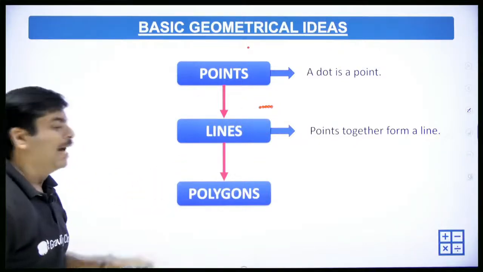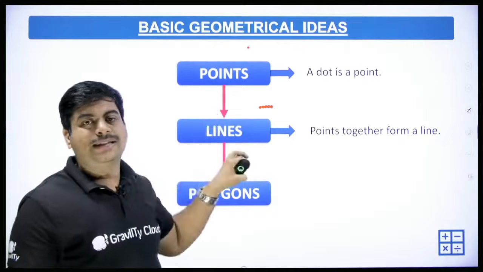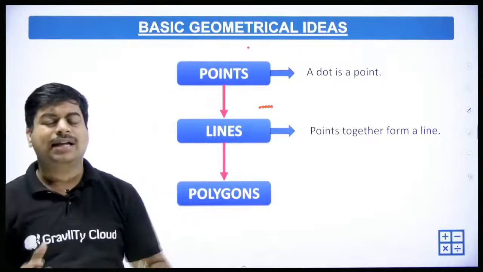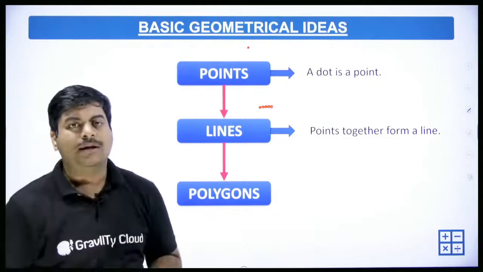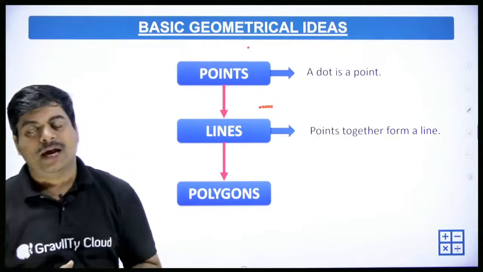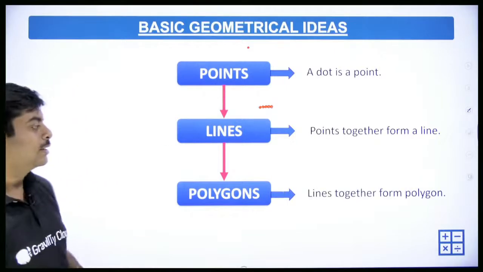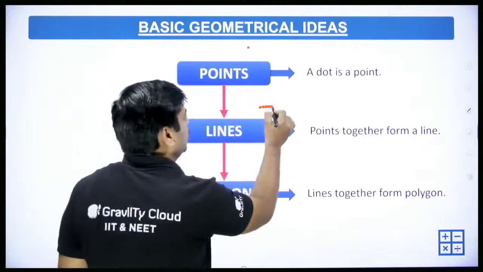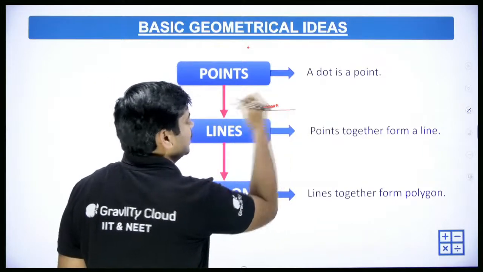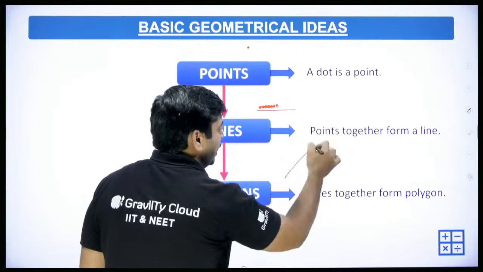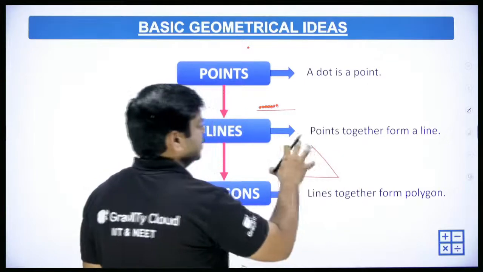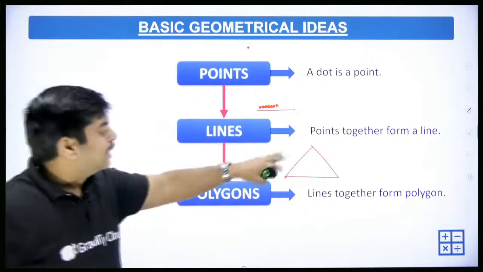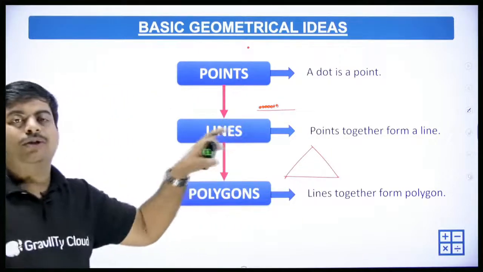And from the points we came to lines, and from the lines, keeping 3 lines together, 4 lines together, 5 lines together in particular closed shapes, we say them as polygons. Lines together form polygons. Three such lines arranged like this form one figure we call a polygon, a 3-sided polygon.